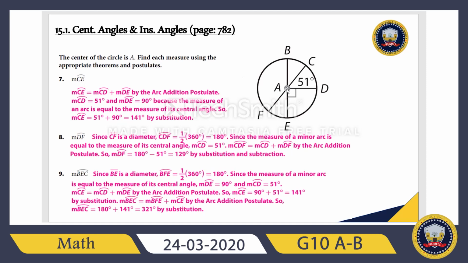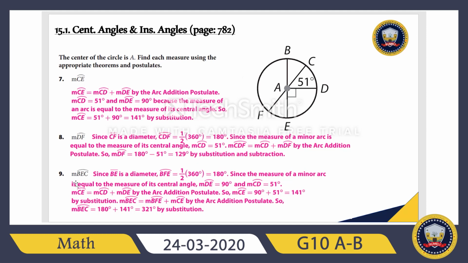The measure of this angle here, I'm talking about the angle DAF, is equal to 180 minus 51. That is 129. So the measure of this angle here is 129. Now this is the measure of my angle DAF. So what is the measure of the arc DF? It is equal to the measure of this angle, and it is equal to 129.